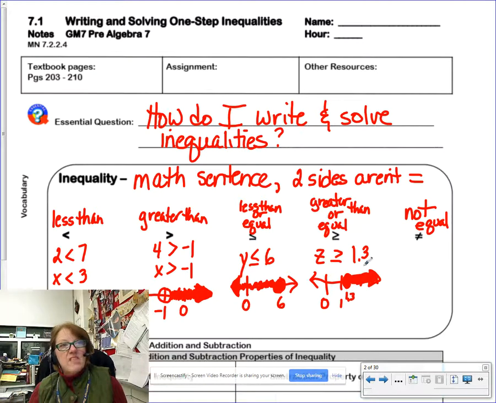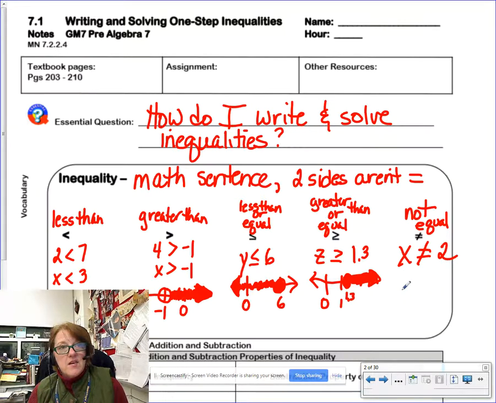Cool. That means every number here, 2, 1.4, 99, all of those are in the shaded region and they are solutions.